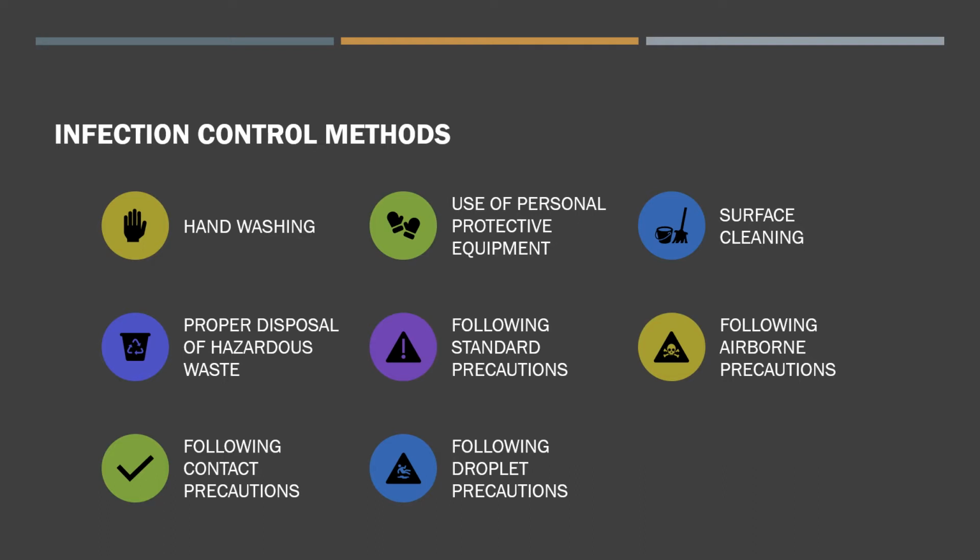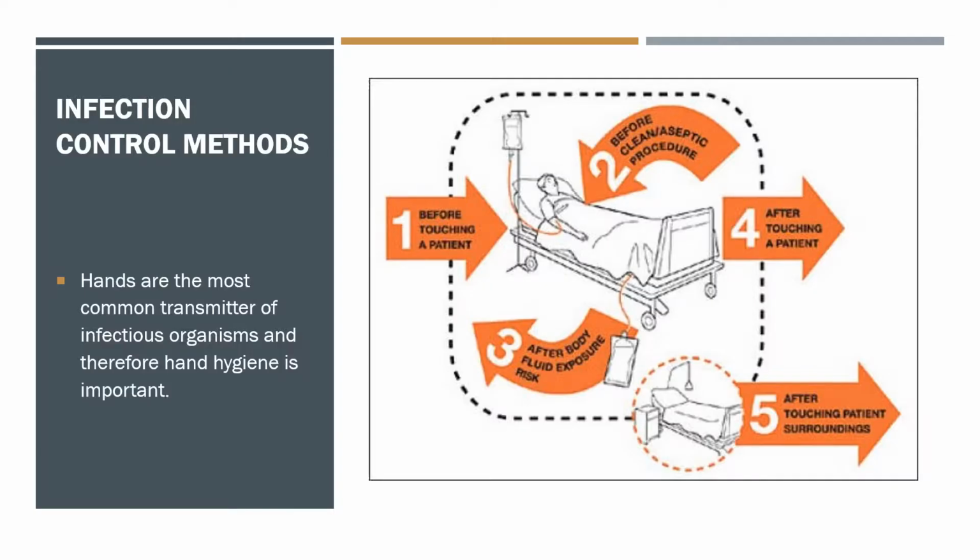Where physical therapists and physical therapist assistants come into play with this is if you know that a patient has an infectious disease that can be transmitted either through air, through contact, or through droplets, you want to avoid taking them to the therapy gym or taking them to other areas of the hospital. It's better to treat these patients in isolation in their own room so that you can decrease the chances of spreading those infectious diseases that they may have.